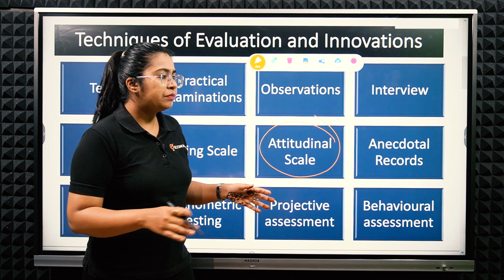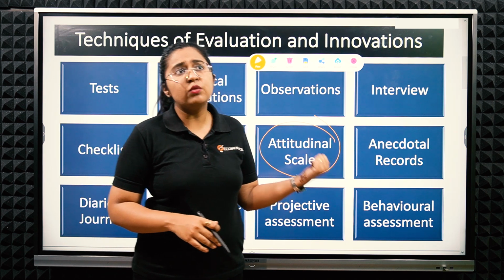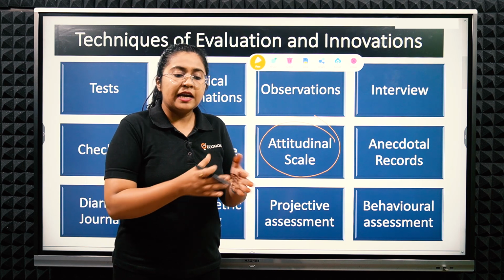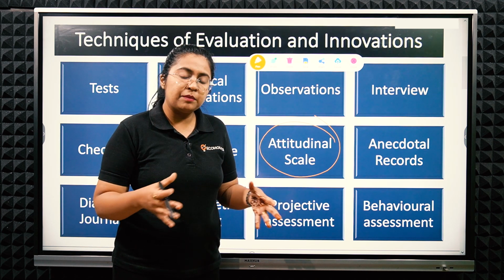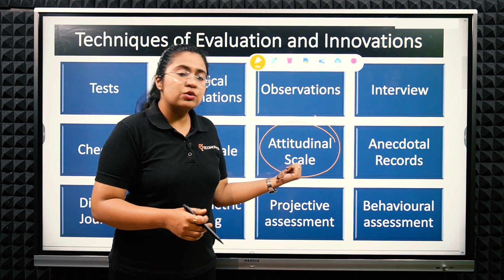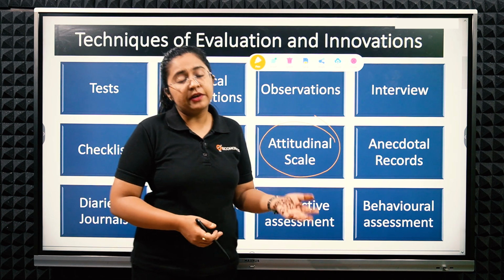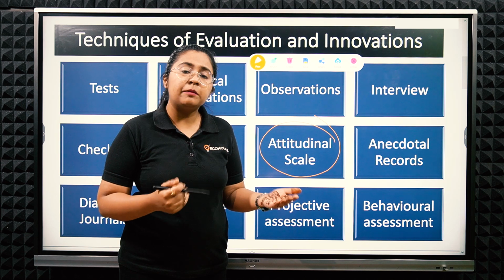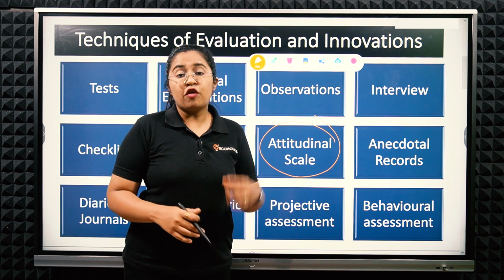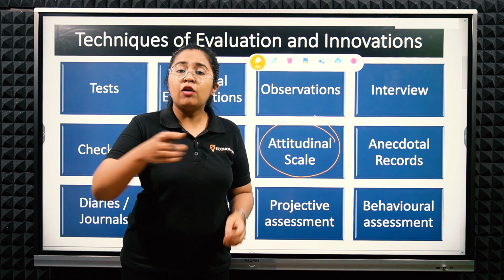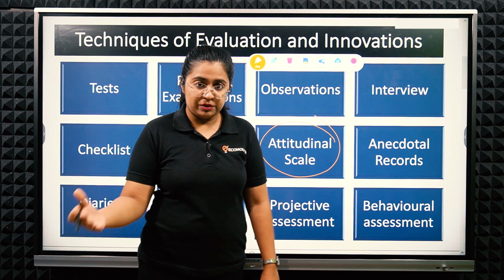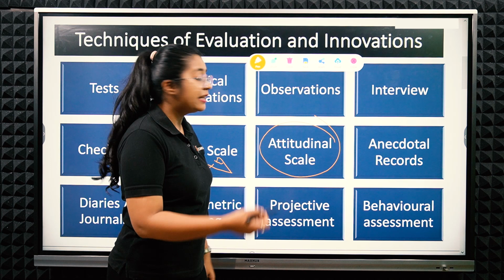So for example, this attitudinal scale would not be so much associated with a school or college setup. Probably it is more associated with a professional or corporate level, right, where assessment or evaluation can be done of candidates, of employees, on the parameter of attitude and the personality that they have and carry.